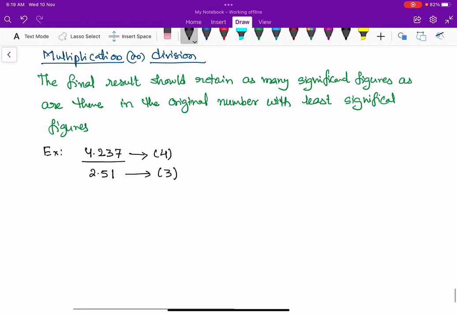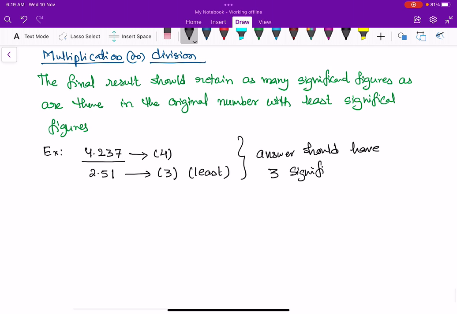The answer should have 3 significant figures.